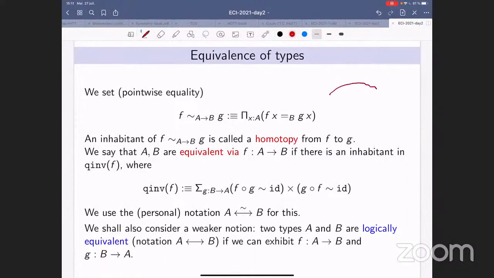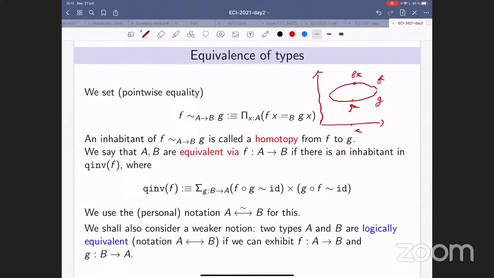You have to imagine that f is something like that, and that g is something like that. Let's see f as a curve, and here you have the x axis and here the y axis, so this is f of x, and this is g of x, and this is x here on the axis.